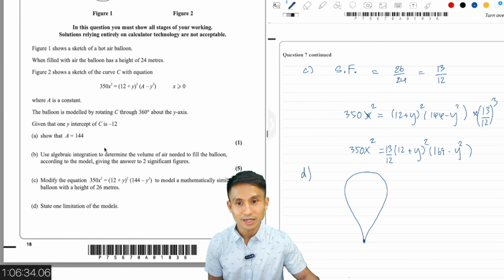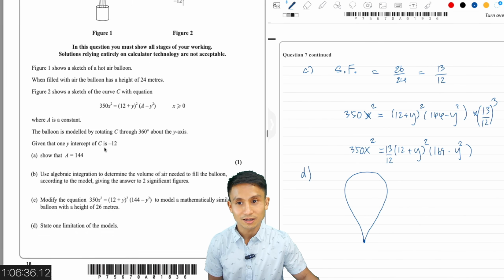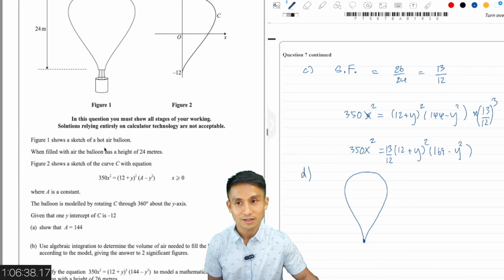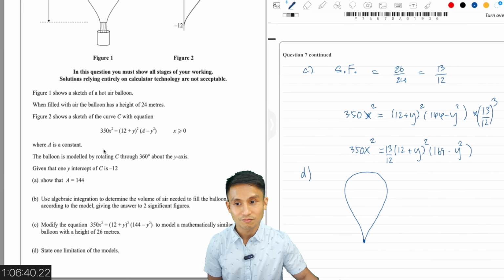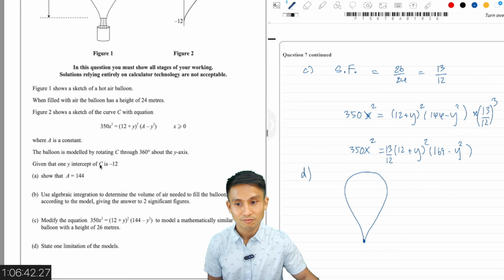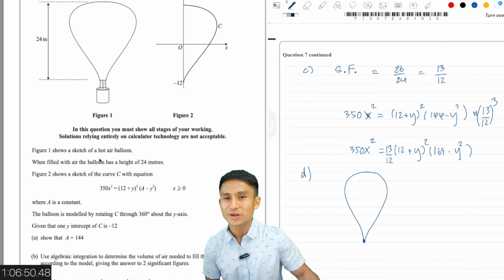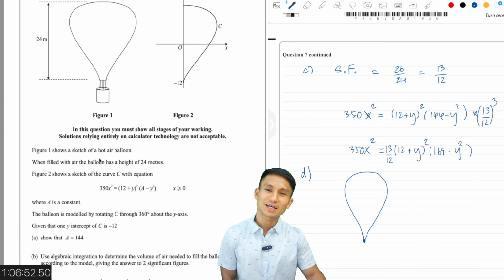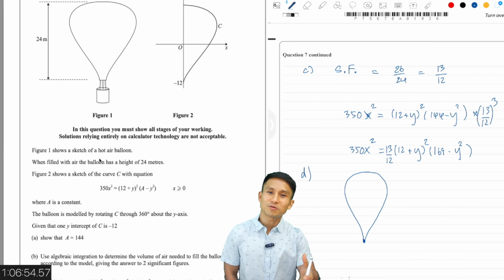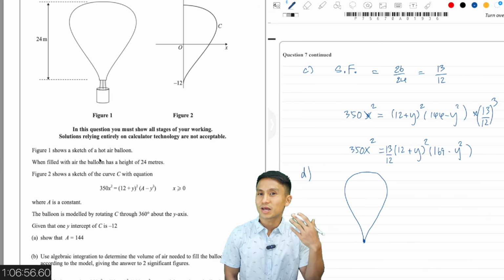This model predicts, what's x and y there? Right. Well, realistically speaking, I think this could be unrealistic if you talk about the actual balloon.